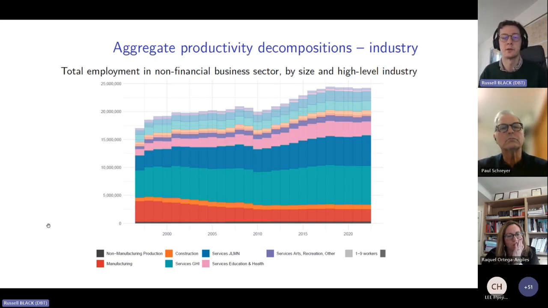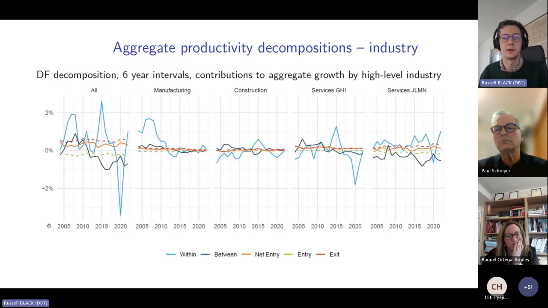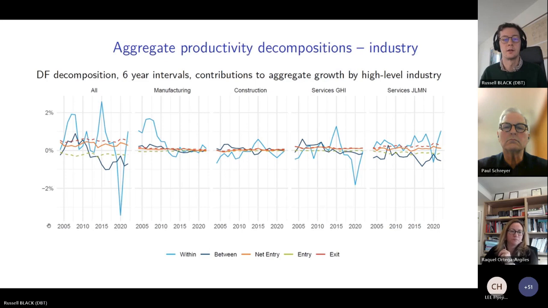So we'll be able to see this in the decompositions. This is the 6-year Dewitt and Fox decompositions I showed you before. Within-firm growth was very, very high for the particular years after 2000, and this is the fall in the manufacturing sector workforce.